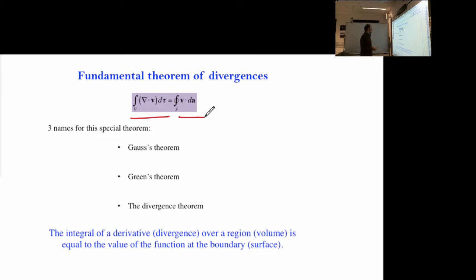So let's do an example with this to show it in use. We're going to test the divergence theorem for the above function, and we're going to take as our volume the cube, which is shown below, which has a length of 2. So first of all, let's just write out what our divergence of v is.